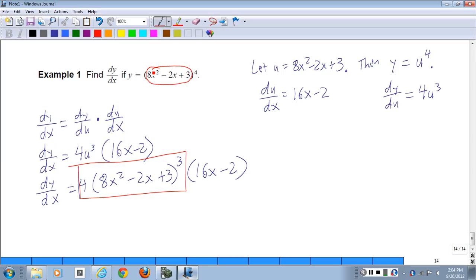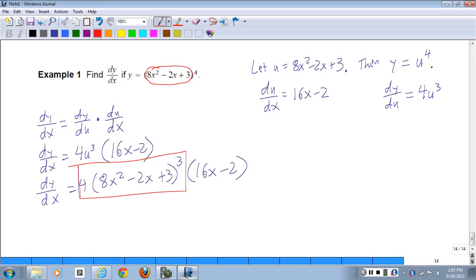So the chain rule is going to talk to us for the rest of the semester. For the rest of the semester, you're going to hear me say, and the chain rule says, multiply by the derivative of what's inside the parentheses. That's what the chain rule is going to tell us.